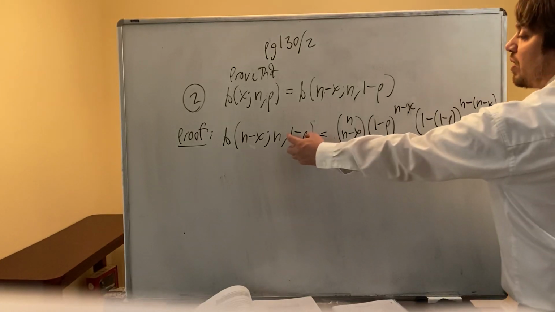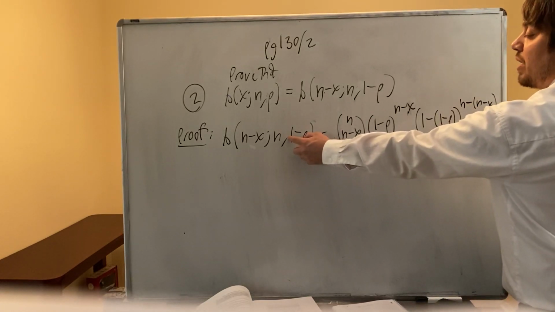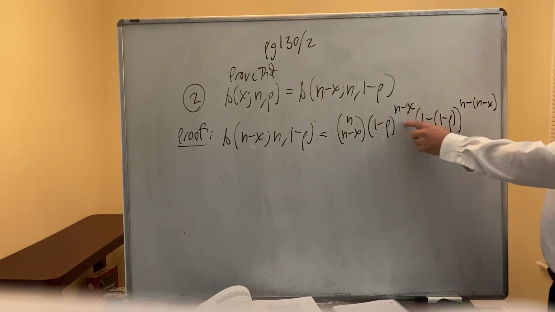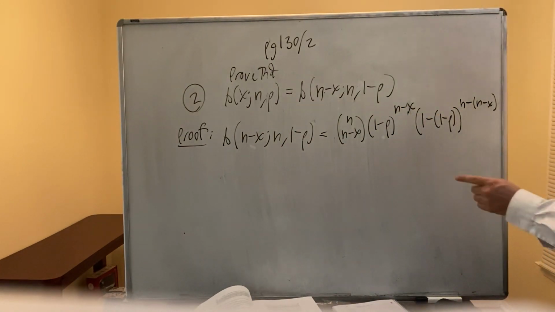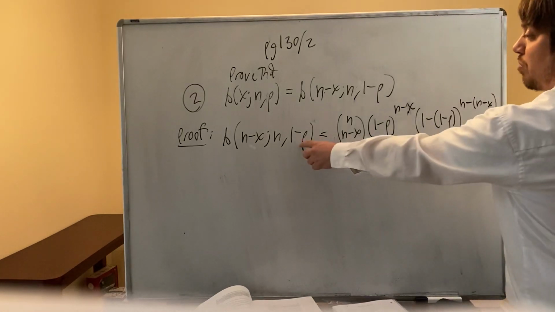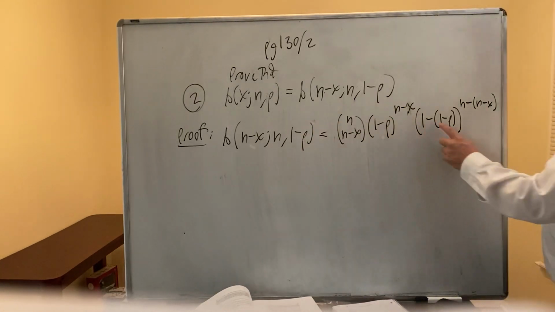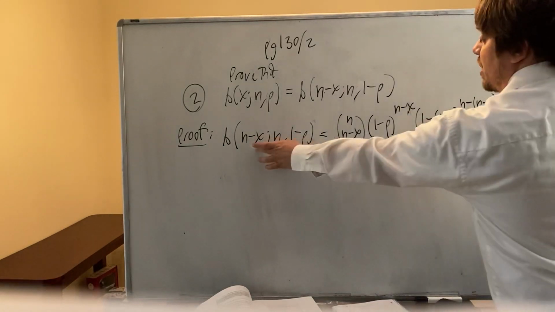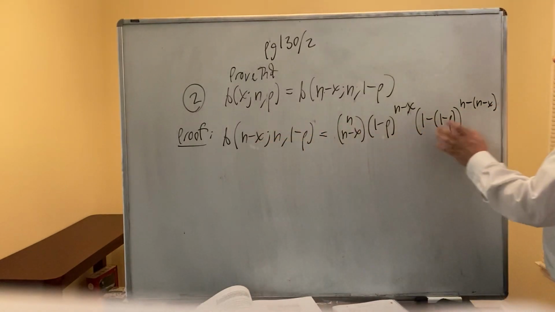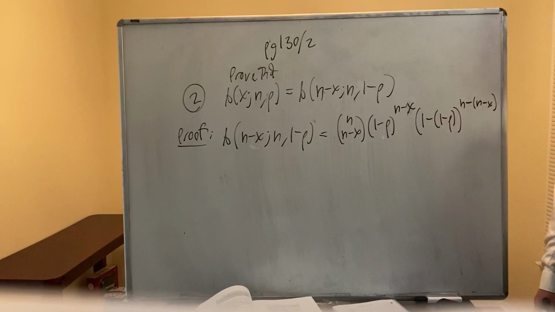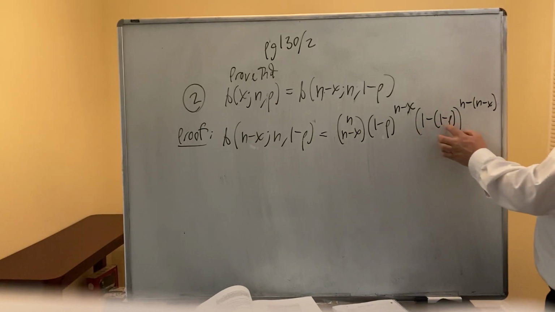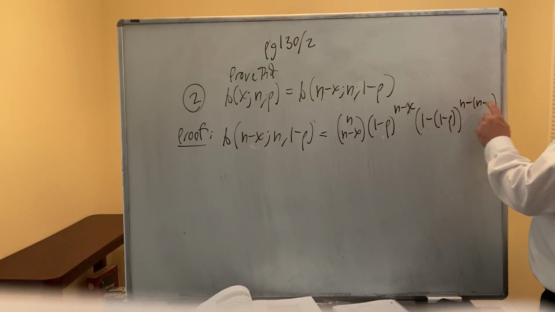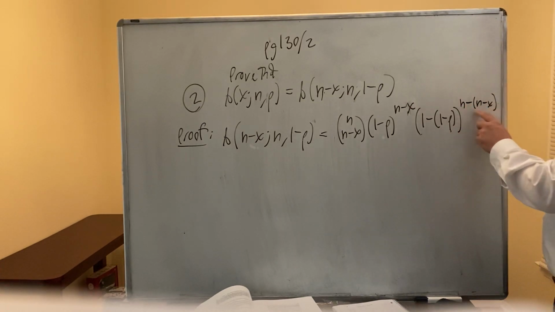Then the probability of success is 1 minus p, and you're succeeding n minus x times, so it's 1 minus p raised to the n minus x. Then, if 1 minus p is the probability of success, then p is the probability of failure. And so if you succeed n minus x times out of n, you fail x times. And so it's p, the probability of failure, raised to the number of failures, which is n minus the number of successes, n minus (n minus x).